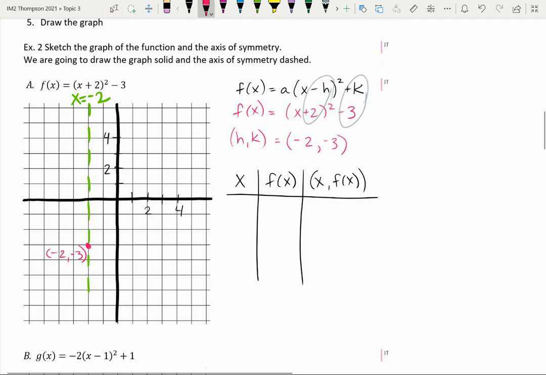One of these points I already know. If I plug in -2, I get out -3 because that's my vertex. Cool. I want two more points so that I can get a good idea of what this parabola looks like.